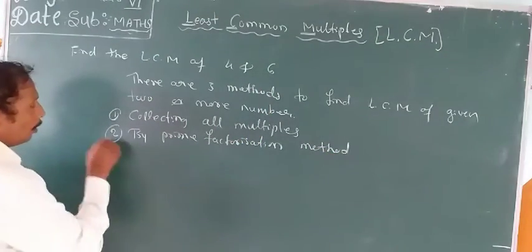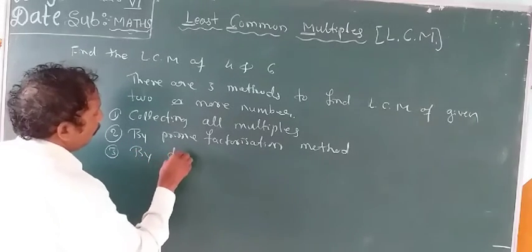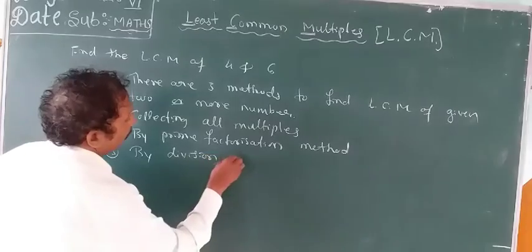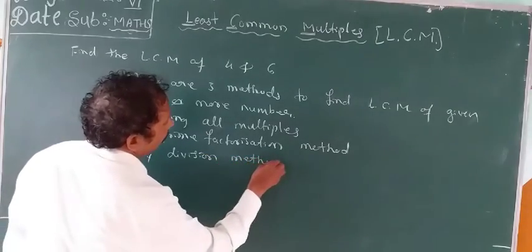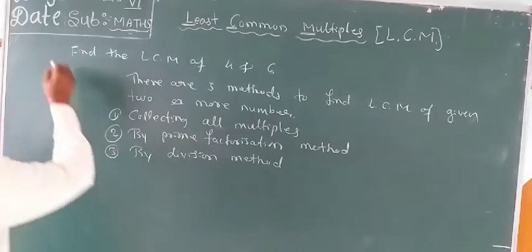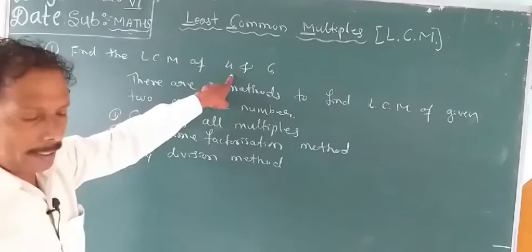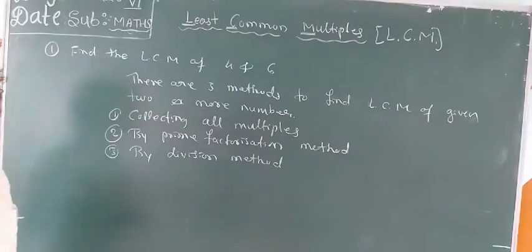And one more method is by division method. Now let us find the LCM of 4 and 6 by all the three methods.